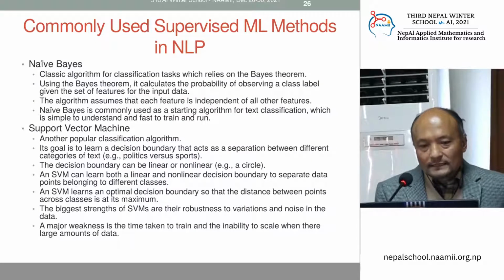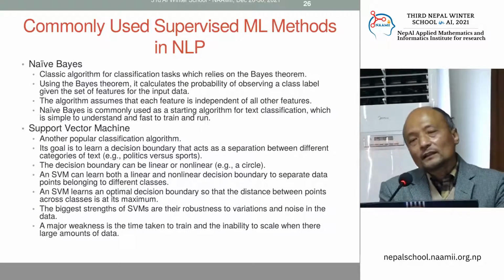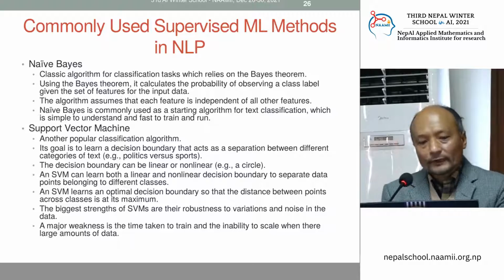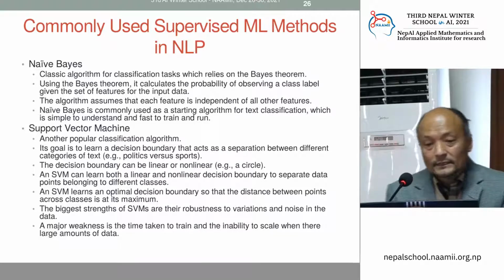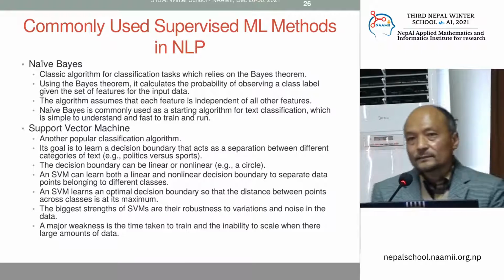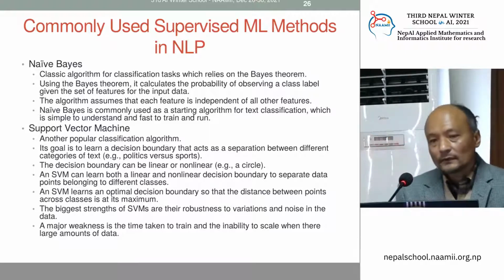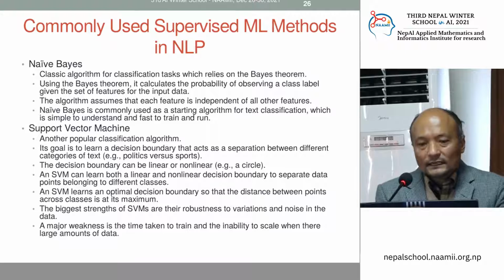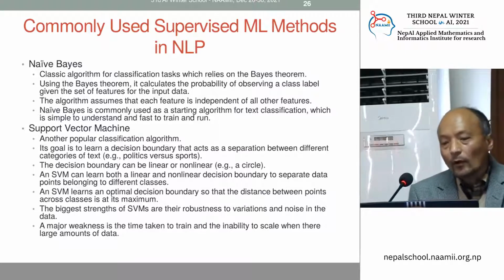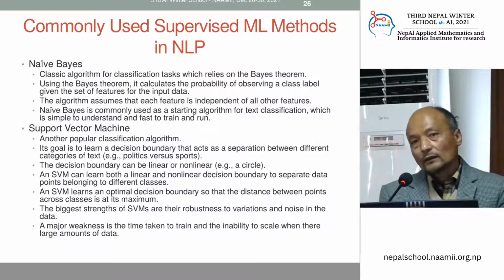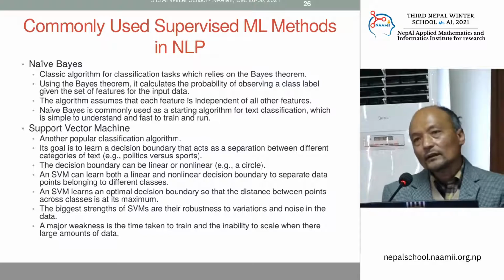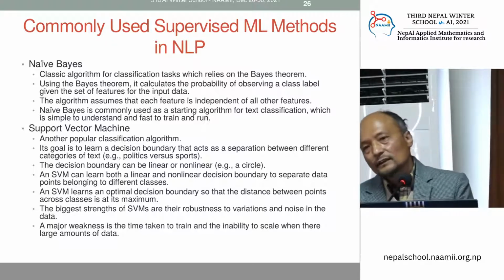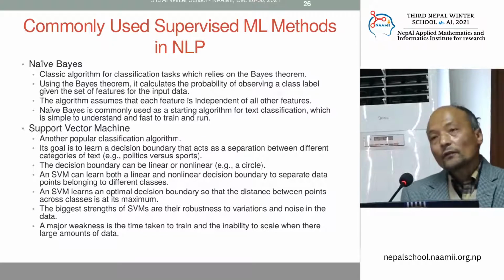So Naive Bayes is quite simple to implement and fast to train and run. So this is quite popular. It is based on the Bayes theorem. The algorithm assumes that each feature is independent of all other features. That, unfortunately, does not conform to reality.